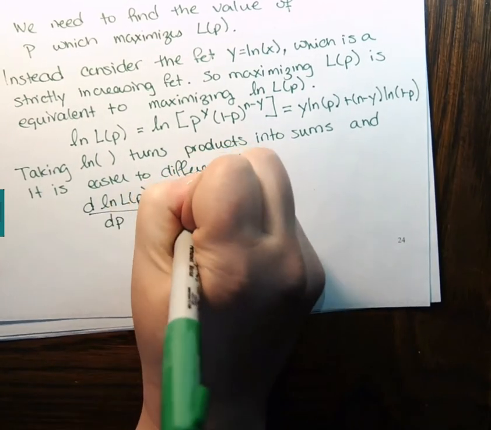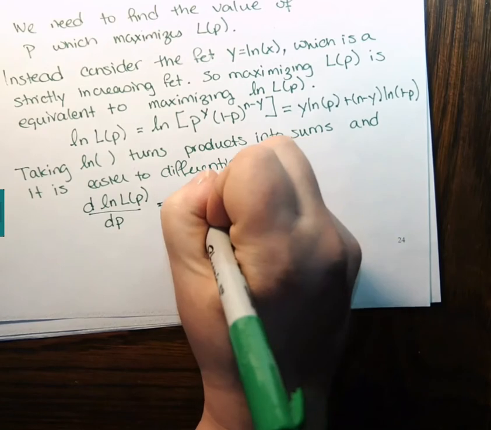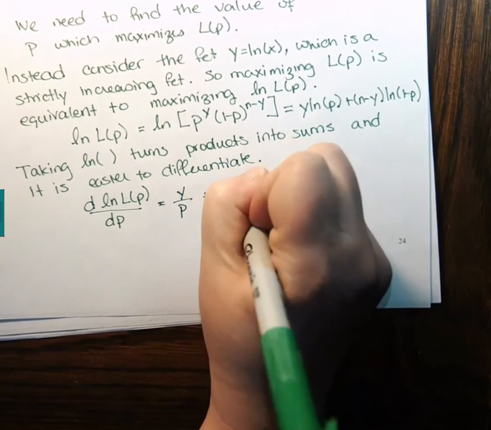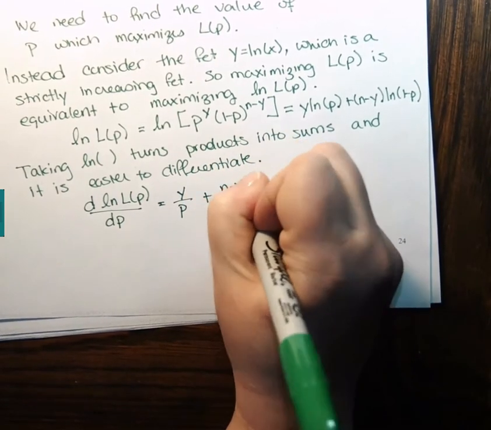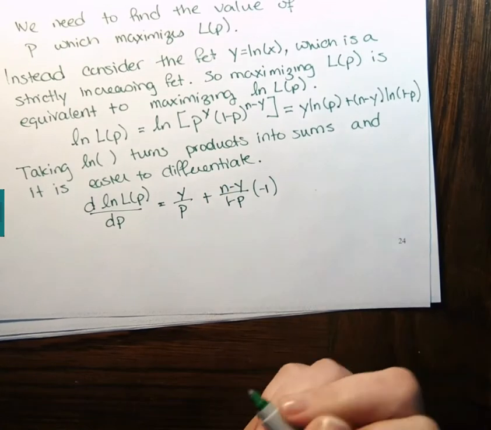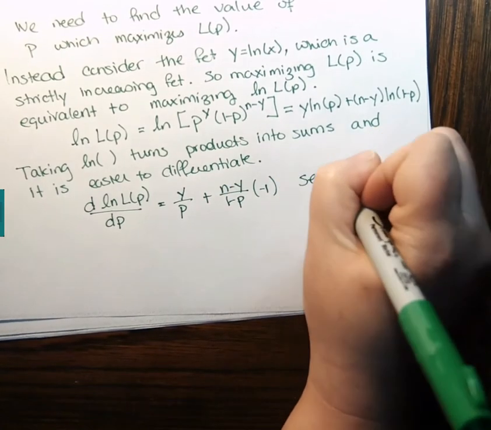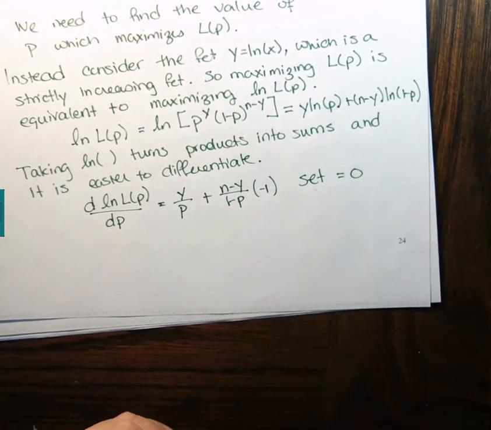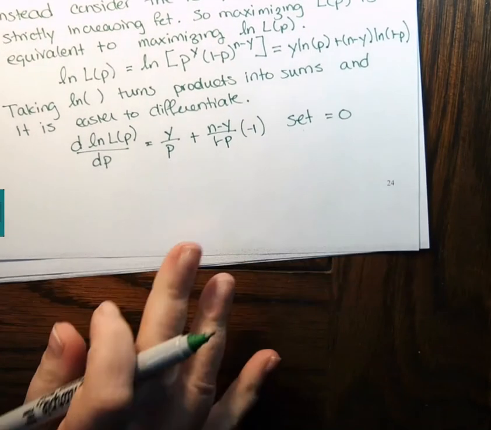And so notice this is equal to y over p plus n minus y over 1 minus p times minus 1. And we're going to set this equal to 0, and then solve for p, and that's going to give us our estimator.